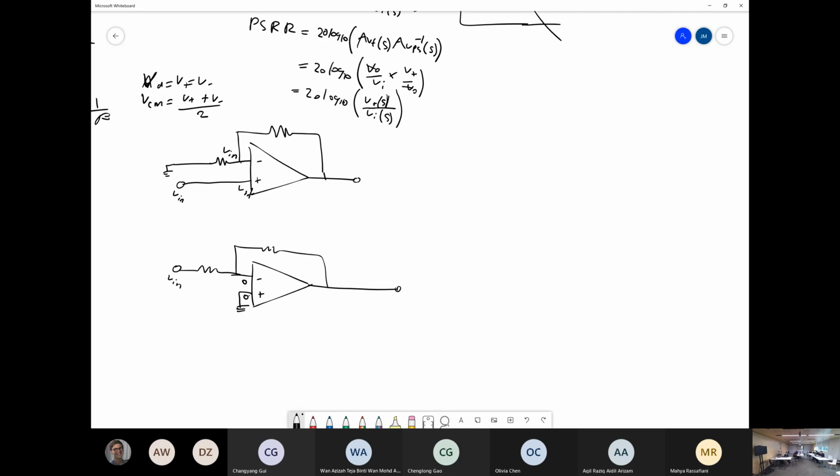Is it better to have a high voltage? No. Because what could happen is that you know this is well defined. Say this is VDD and VSS.